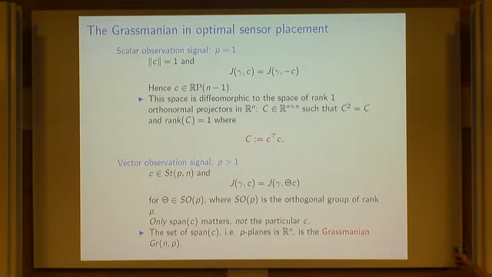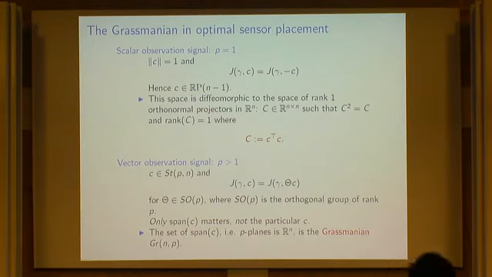So what this says is that this problem truly is an optimization problem over the space of symmetric rank 1 matrices. And in case we have a vector observation signal, we use a constraint that C belongs to the Stiefel manifold, and you can see that if I replace C by theta C, where theta is an orthogonal matrix, so what does it mean to be an orthogonal matrix?